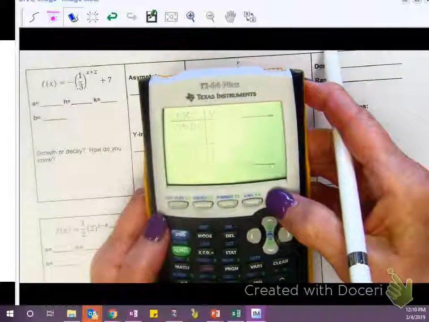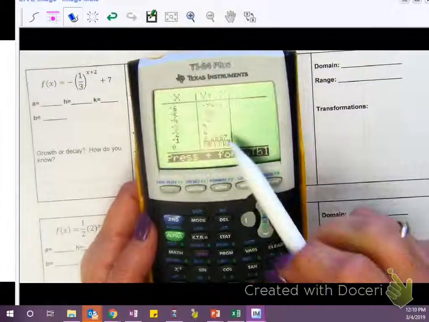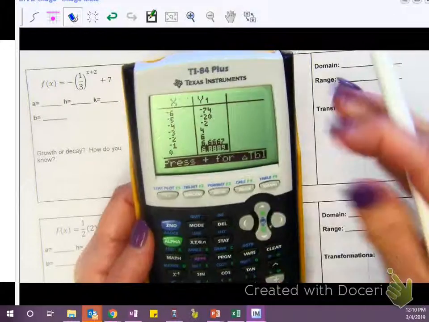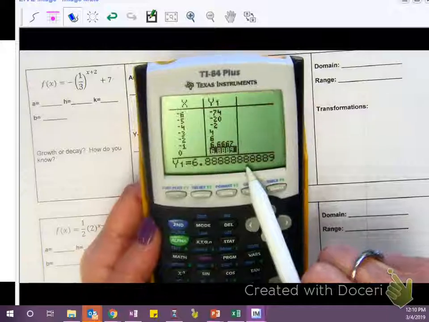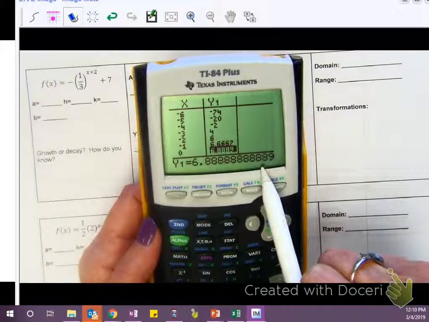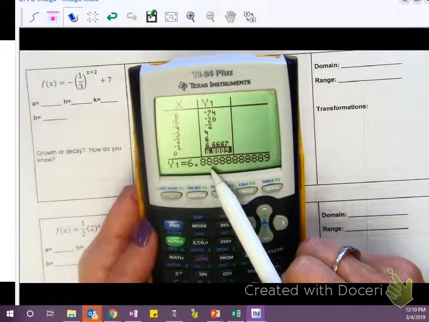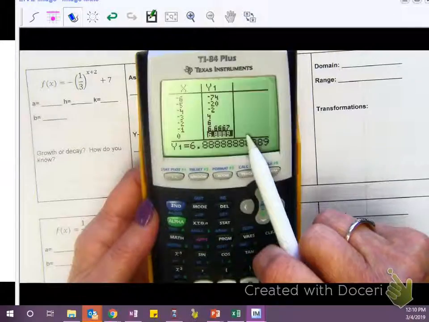I'm going to go to the table and find when x is 0, that is my y-intercept. So 6.8889, but if I want to see what it really looks like, it's 6.88888888 forever with a 9 at the end. So (0, 6.889) is what we'll write for my y-intercept.